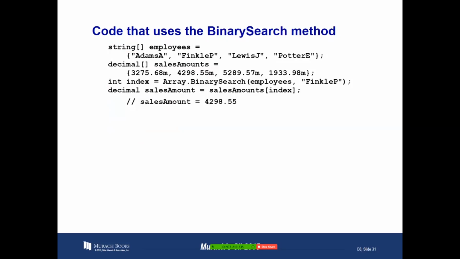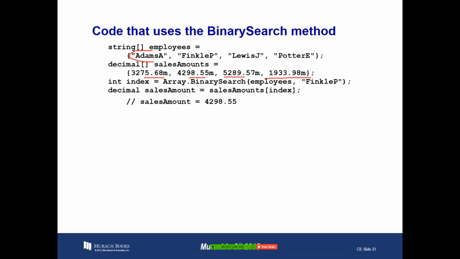And this is binary search. They have to be sorted to begin with, or you use a sort array. And here they have to be sorted to begin with, so they're sorted already here. And this returns an element.